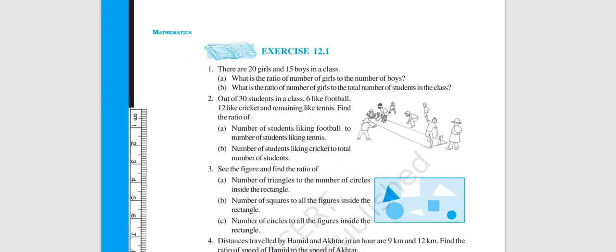Next, we are going to question B. Question B is the number of students like cricket to total number of students.